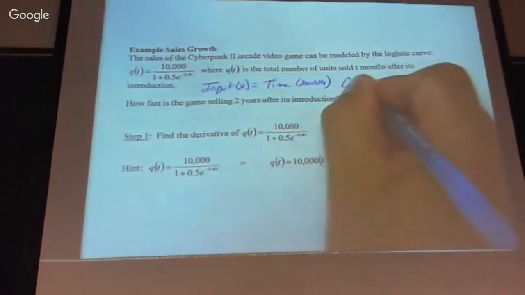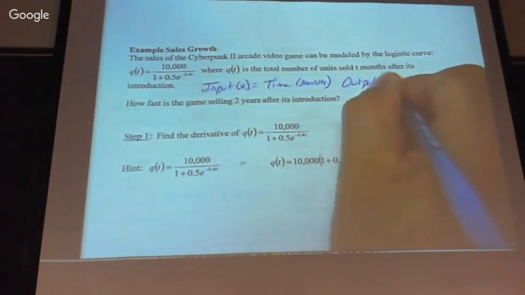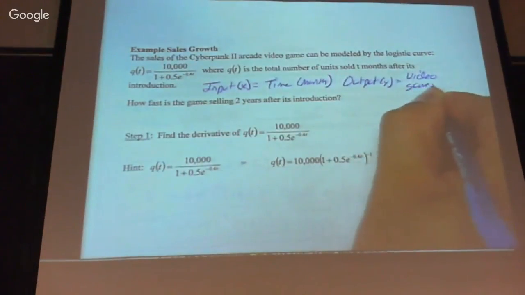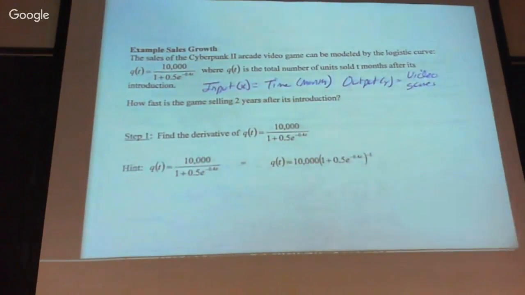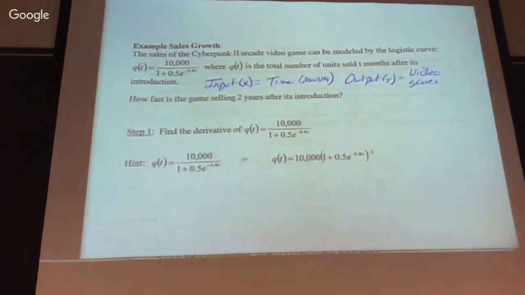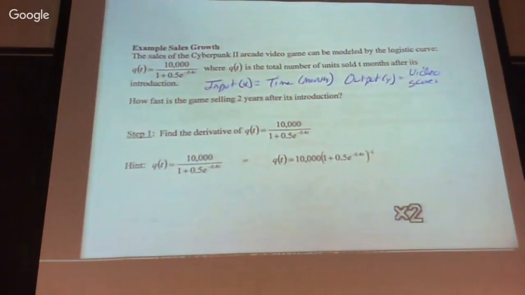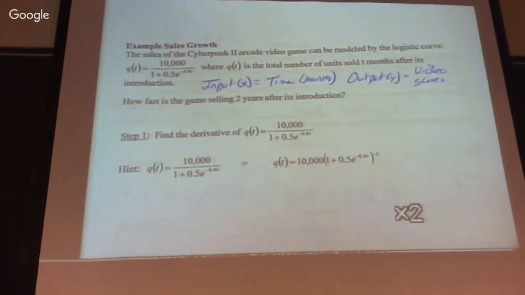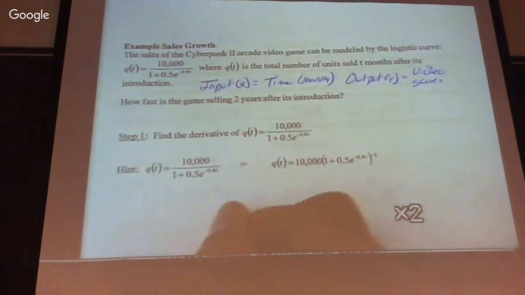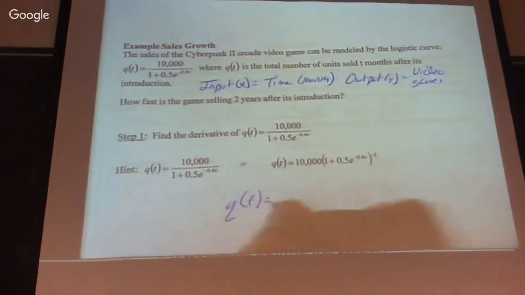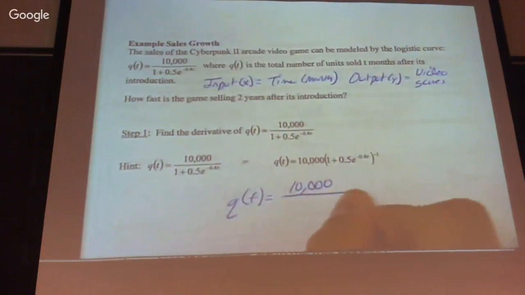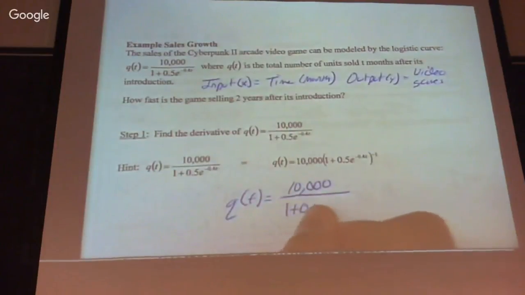And our output, y, is going to be video games sold, the number of video games sold. The reason I want to talk about this one is that it's a harder example, and I want to expose you to harder ones.